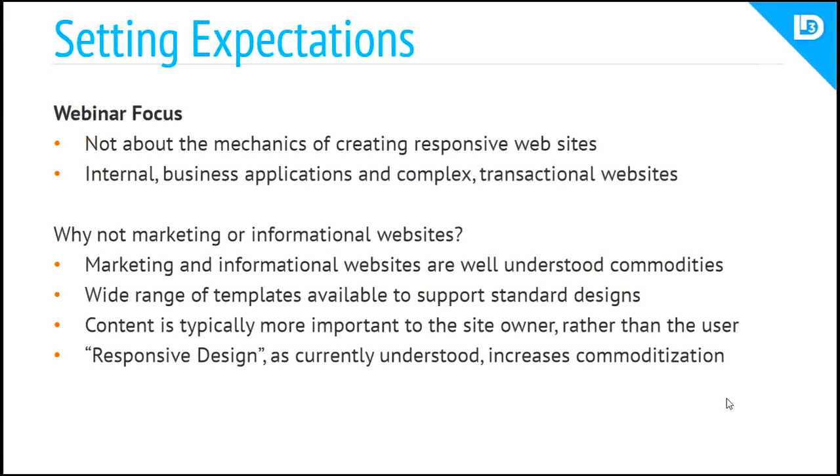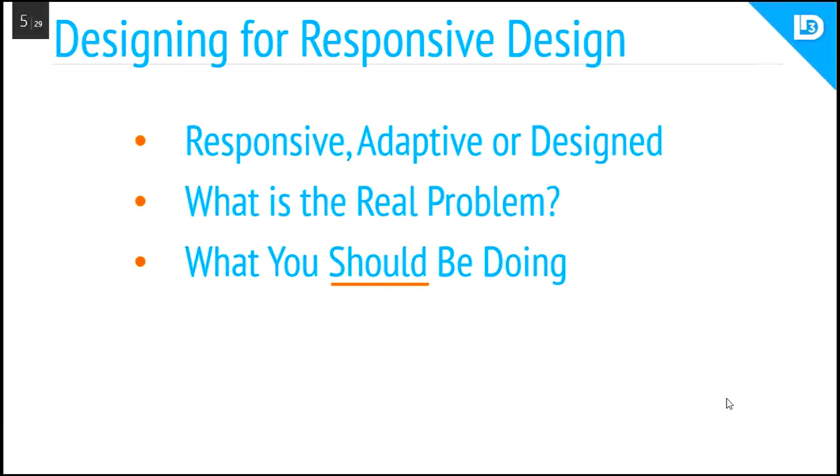And this idea of responsive design, as we currently understand it, is there specifically to increase the commoditization of these sites. And for that reason, I want to focus on internal business apps and complex transactional sites because they present a challenge to this idea of designing for multiple devices.